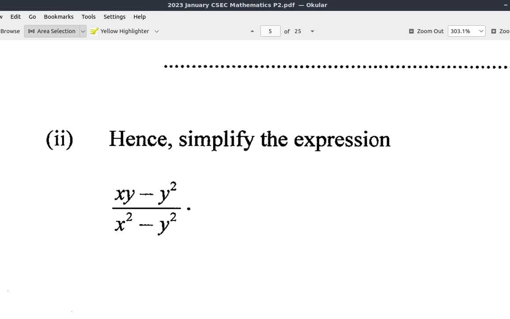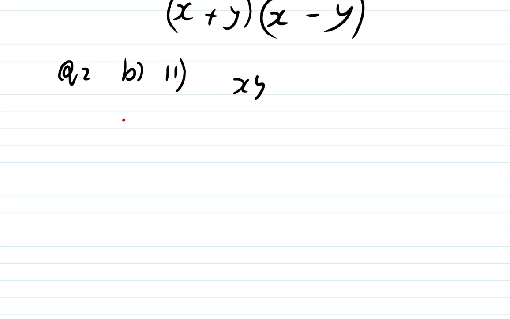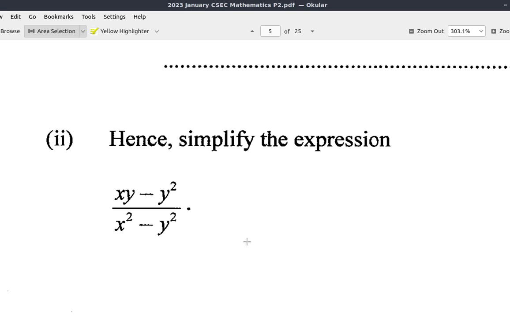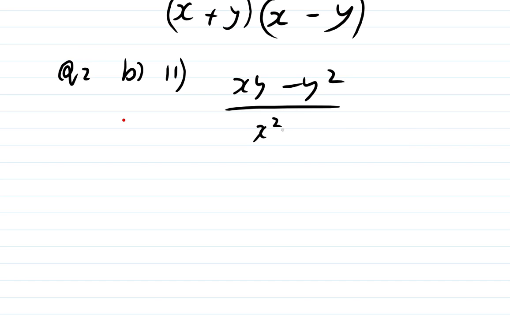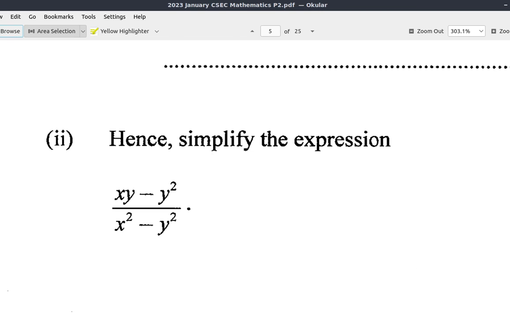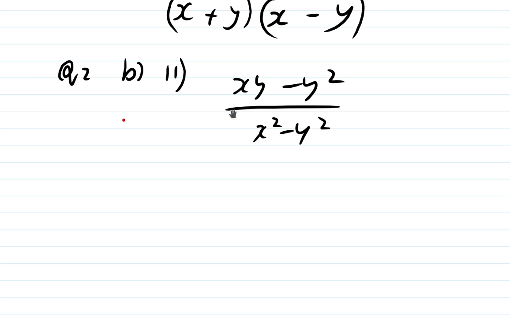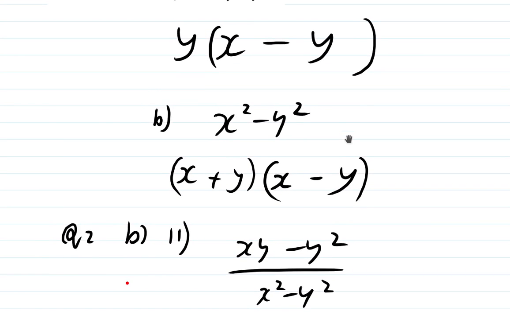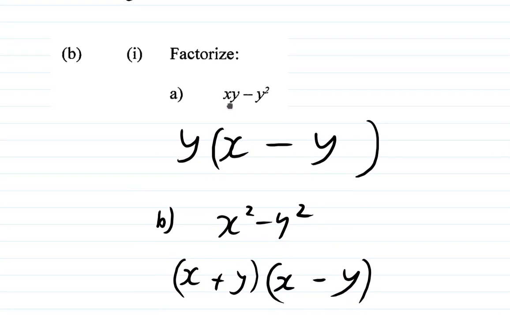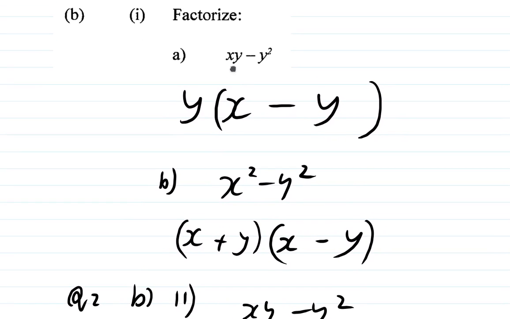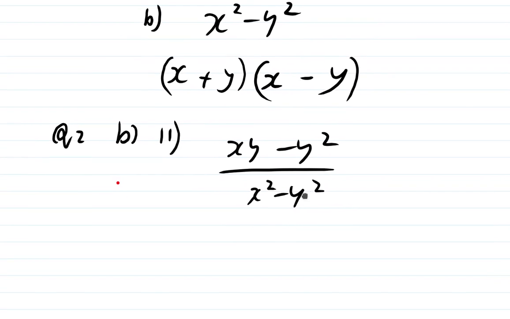They say xy minus y squared over x squared minus y squared. So hence you must simplify this. We see what they're saying here. Xy minus y squared is what? So xy minus y squared turned out to be y, x minus y.